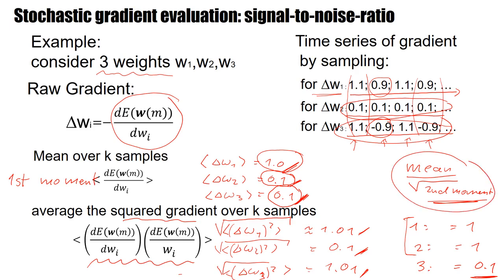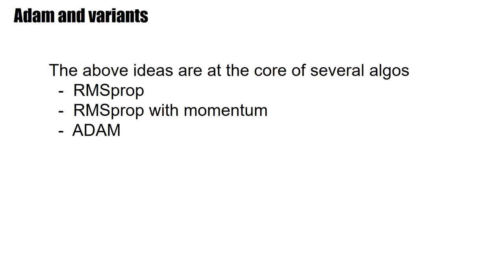And this is because it has the bigger variance. And this is the basic idea of the three algorithms we will discuss in the following, and we start with the RMSprop algorithm. So at the core of these algorithms is this idea that I compare something like the signal, which is the mean, with the variance, but in fact it's not the variance, it's the second moment. The difference is that in the variance I would subtract the mean before I square.